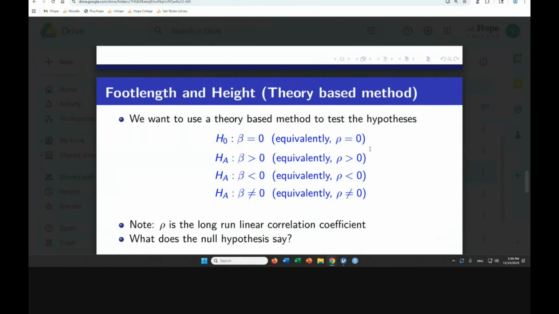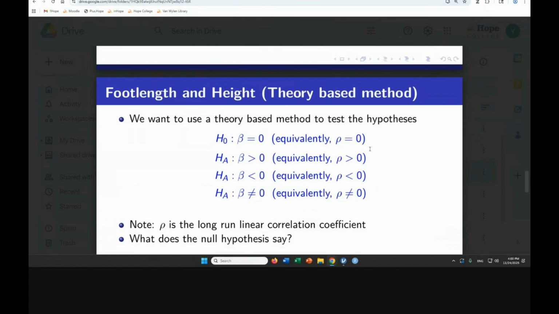Okay. So, what is rho? Rho is the population counterpart of R. We also talked about little r. The population version of that is rho. What does it measure? It measures the strength of the linear relationship. So, these two numbers are equivalent, they tell you the same thing.